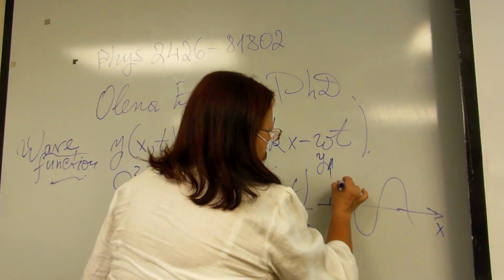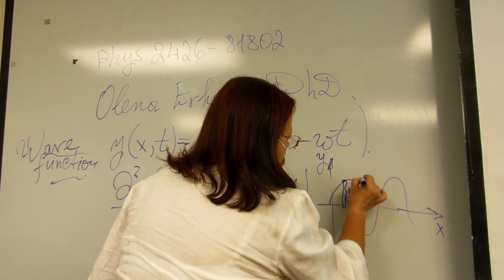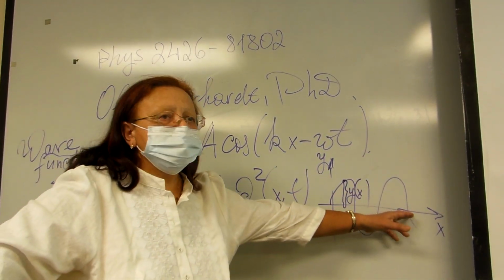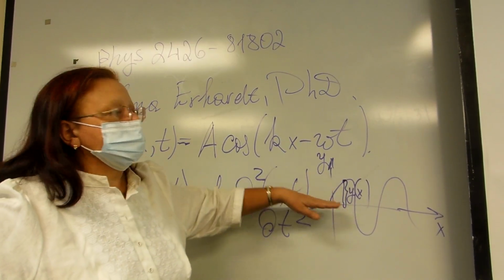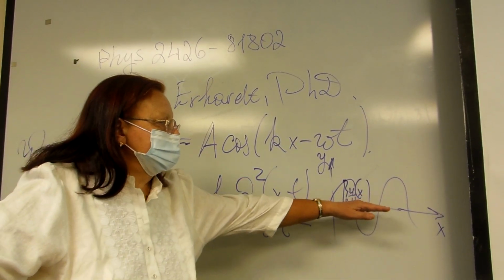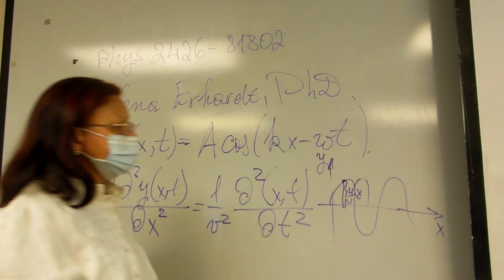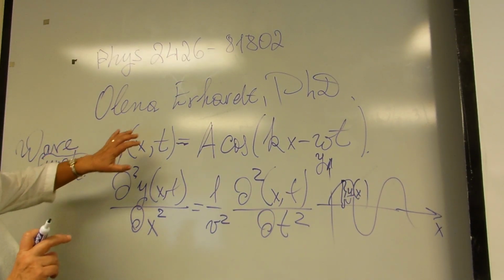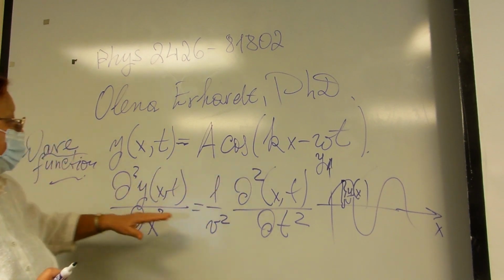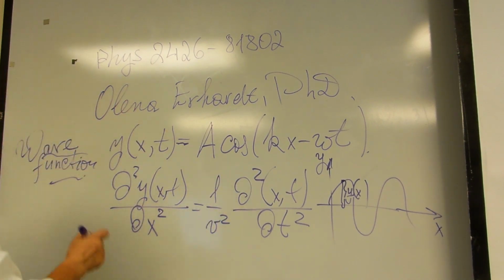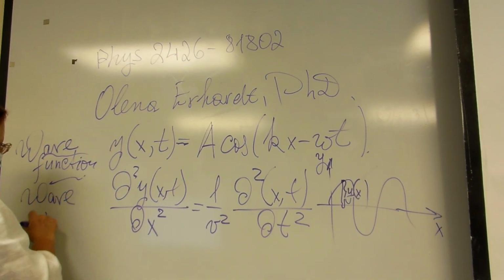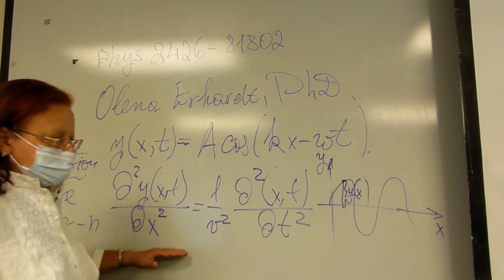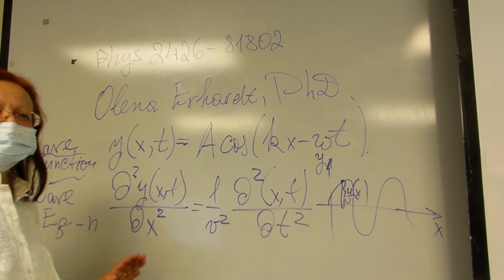The y of x part shows how much each point is deviated from the position of equilibrium, which is the horizontal line. That is described with that formula, and it satisfies that particular equation, which is called the wave equation for mechanical waves.